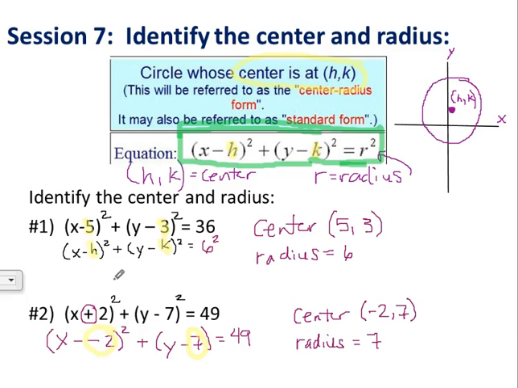So it's kind of opposite of what you think it should be, right? Finding the center is opposite of what we think it should be. Here we've got a +2 and a -7, and the center then becomes -2 and +7. It's opposite of what the sign is in front of it.